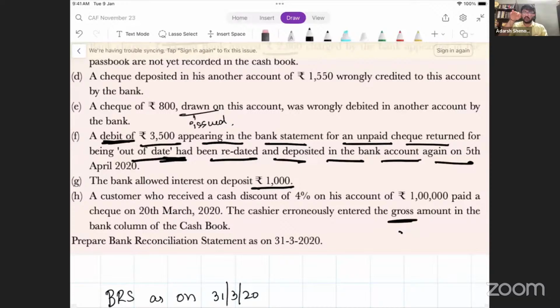But in the cash book, when our accountant wrote it, he wrote 1 lakh. He has written the whole amount. So that 4,000 was extra debited in the cash book. It was unnecessarily increased. We did not receive that much. We received only 96,000 in the passbook. But this guy has increased 1 lakh in the cash book. Starting point is passbook. We have to add 4,000.